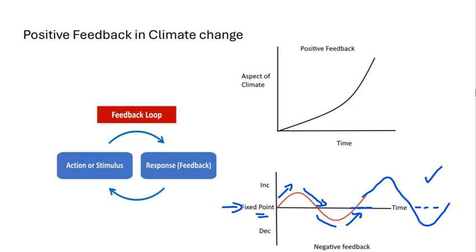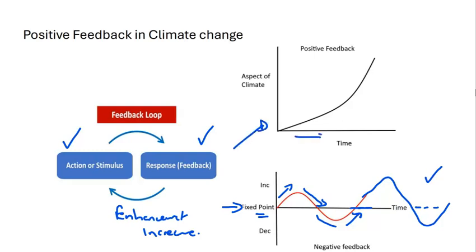However, in a positive feedback mechanism, positive feedback loop, there is an action or stimulus which leads to a response, but rather than moderating the action or stimulus, what happens is there's an enhancement or an increase, if you prefer, and we can illustrate that with this graph here.